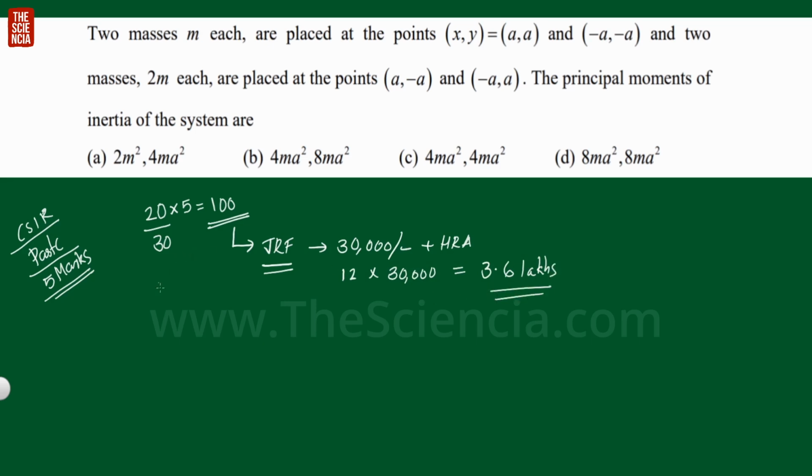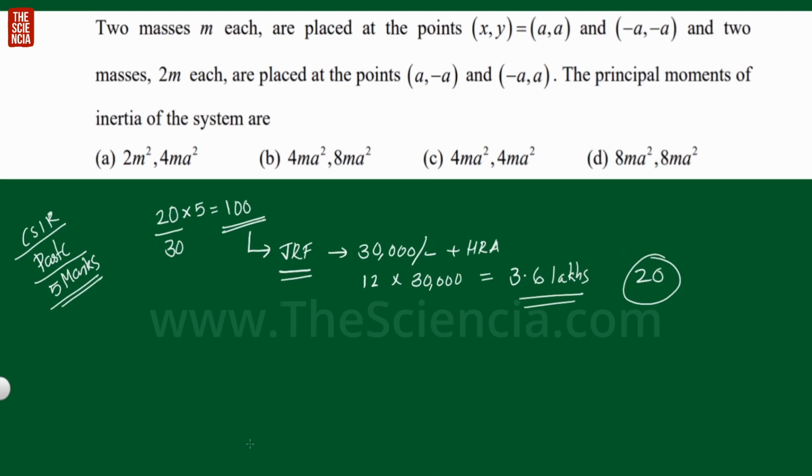So just by solving 20 problems, you will get 3.6 lakhs per year, and this will be valid for the next 5 years. Now I think you got sufficient motivation for solving problems. So we can solve this problem.